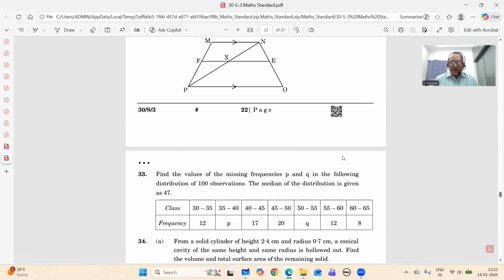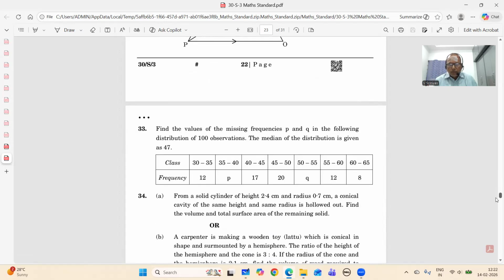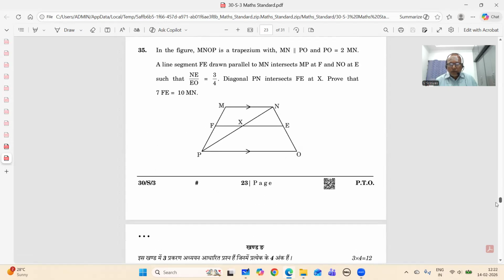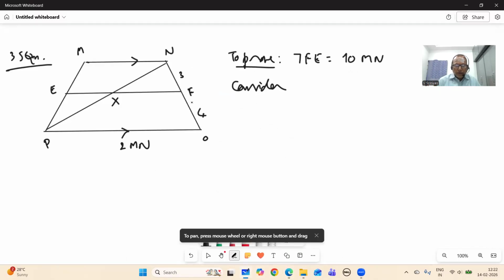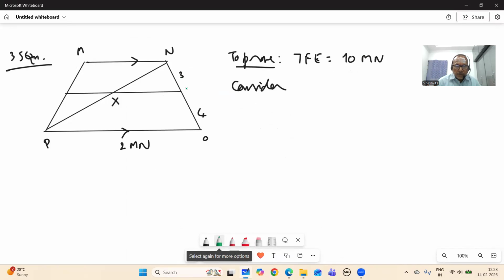Yeah, E is this, F is this. I mistook. Okay, E is here, F is here, and this is 3:4. NE is to EO is 3:4. So I have to correct it. This is E, I'm sorry, and this is F. NE is to EO is given.